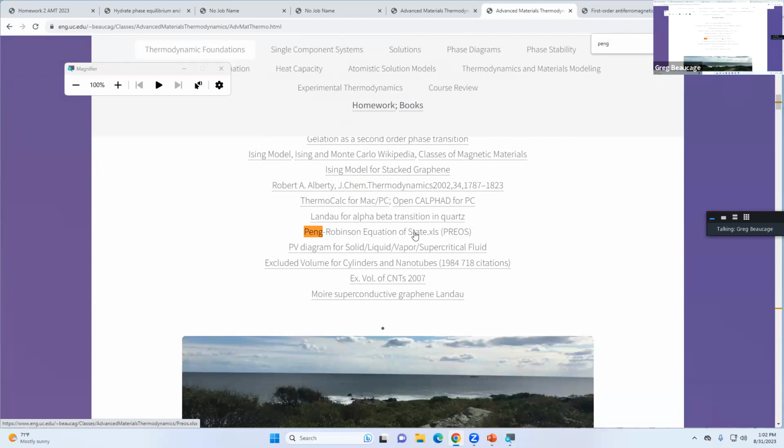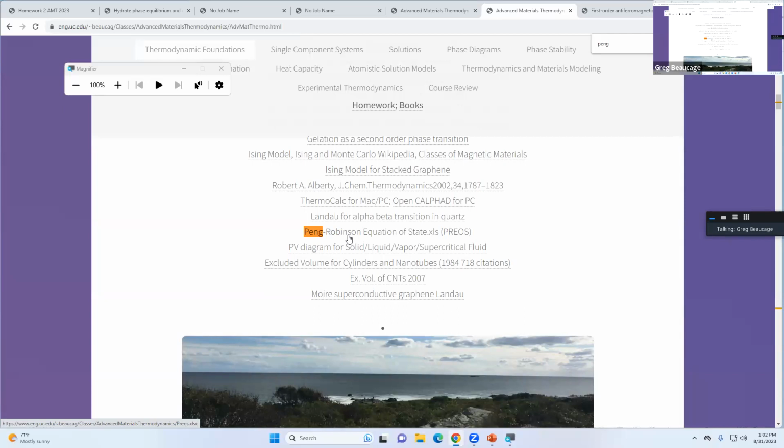I think these guys were Canadians. There are many equations of state, so you can pick and choose which one you want. But this is the most popular one in the petrochemical industry, for gases like CO2, methane, propane. If they're dealing with trapping hydrogen or CO2, this is the perfect equation of state to use.